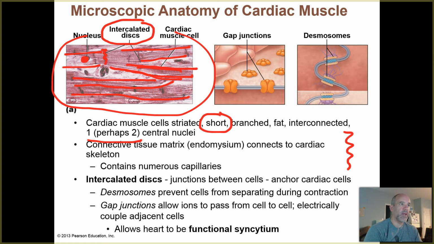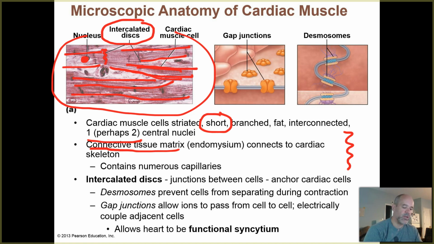Your cardiac muscle fibers also do have some little thin strips of connective tissue, also known as an endomysium. Maybe you remember that term from your Biology 201 as well. Endo meaning within. The endomysium are these very thin, delicate connective tissue coverings around your skeletal muscle fibers, and you have that as well in your cardiac muscle.